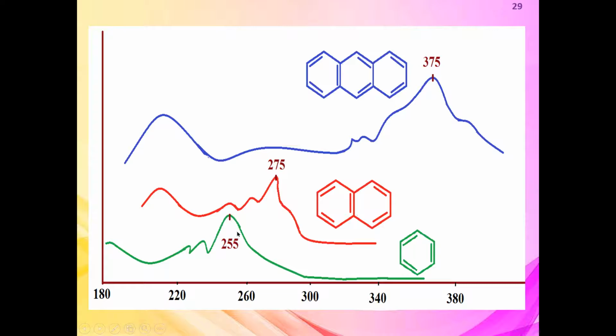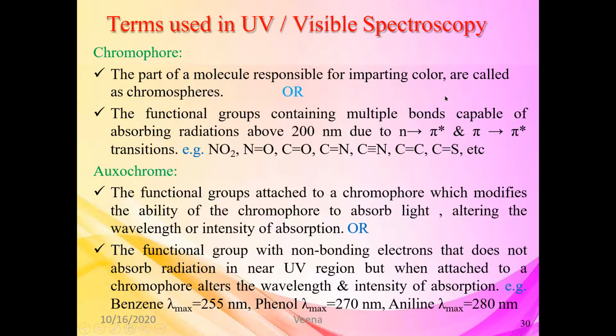And see the peak height also, it has also increased, and this peak height will refer to the epsilon value, and the wavelength corresponding to this will be the lambda max value. Hence, as there is a change in the conjugation in a molecule, there is a shift in the lambda max towards the higher wavelength.